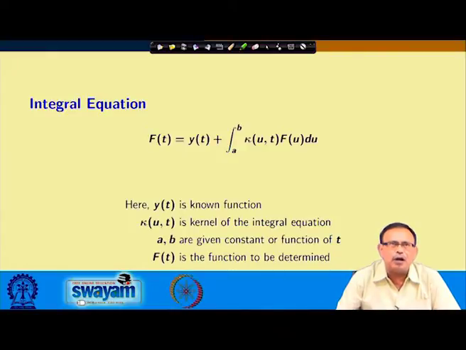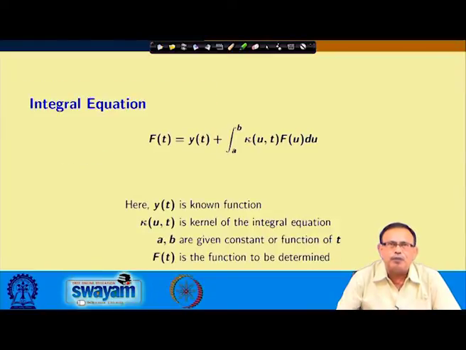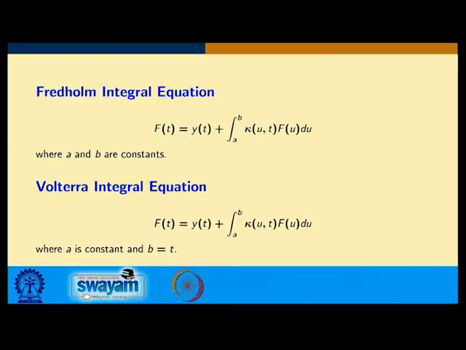Various kinds of integral equations are available. One is the Fredholm integral equation, which takes the form f(t) equals y(t) plus integral from a to b of k(u, t) f(u) du, where a and b are only constants. Another type is the Volterra integral equation.